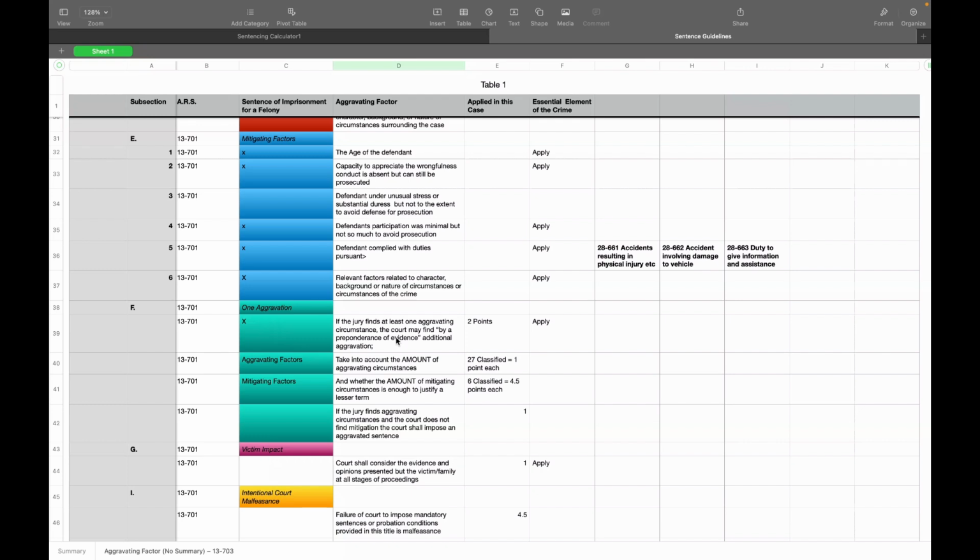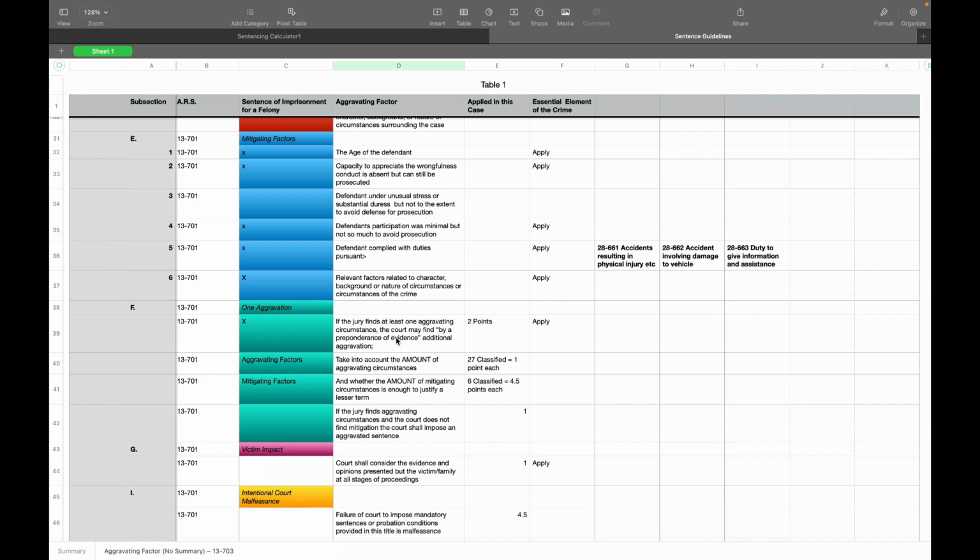But if only one aggravating factor is found by the jury, it is possible for courts to find other aggravating circumstances to aggravate the sentence based on the preponderance of evidence. But again, the court cannot sentence individuals outside of the maximum, minimum, aggravated, mitigated sentences prescribed.